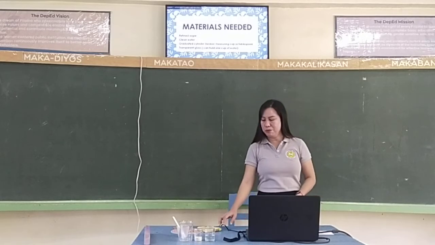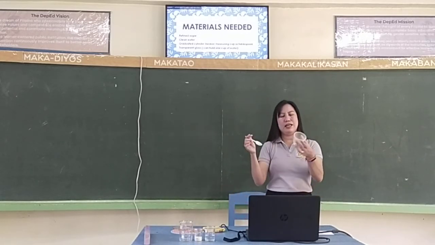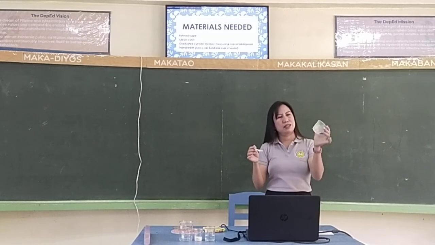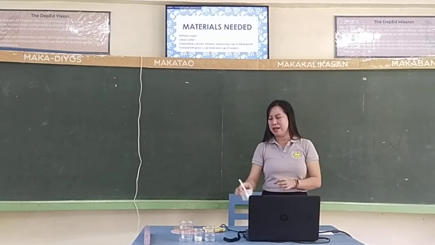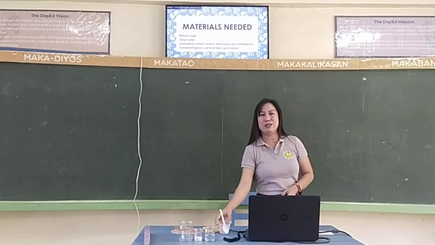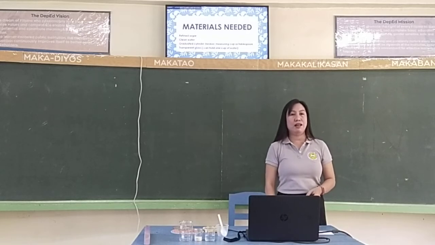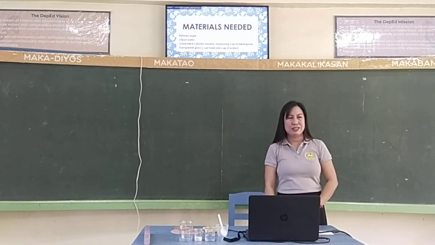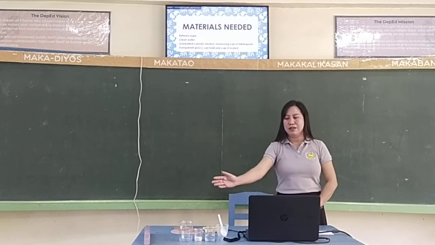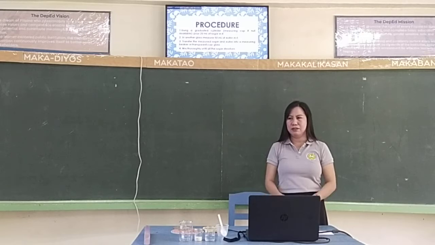If they're not available, you can use cups like this. If you don't have a measuring tool, you can use a tablespoon. One tablespoon is equivalent to 50 ml of water. That would be good if you don't have these materials at home.